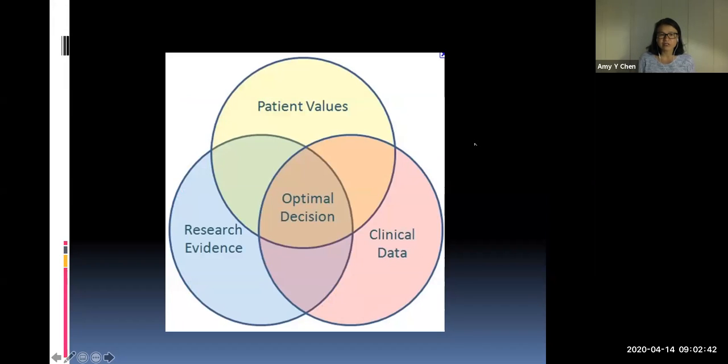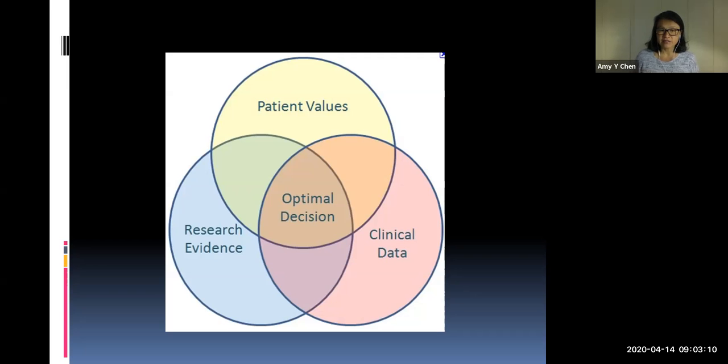Okay, so what we're going to talk about are mainly guidelines, but the whole decision-making process for what to do for these patients is really important to incorporate these three things in a Venn diagram. First is patient values, research evidence, clinical data, and where the three intersect is what would be the optimal decision for the patient.